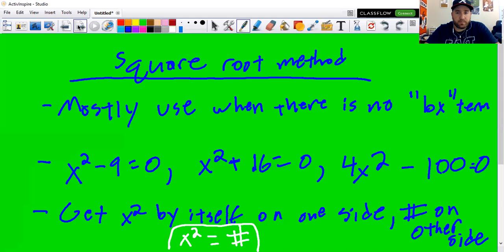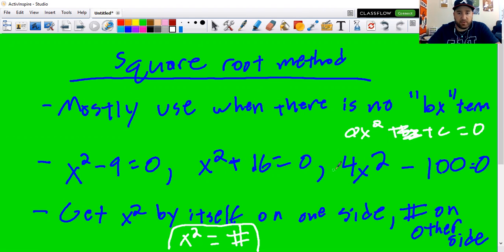So the square root method, we mostly use, let me move this video up so y'all can see the notes. We mostly use it when there is no bx term. Why is that not dragging? I'm sorry, guys. There we go. All right. So if I have standard form ax squared plus bx plus c equals 0, there's no bx term, okay?